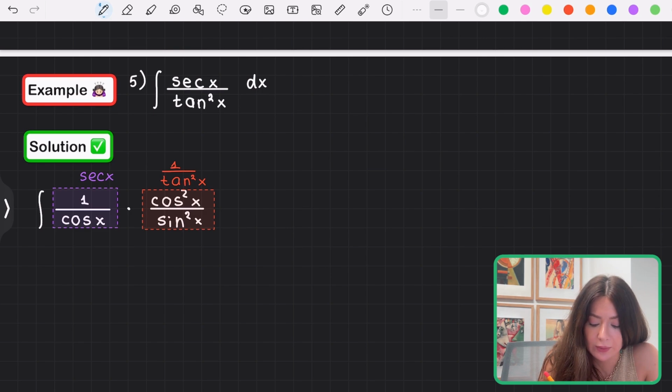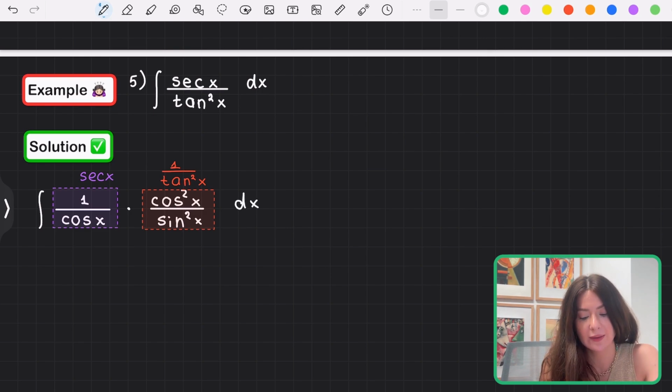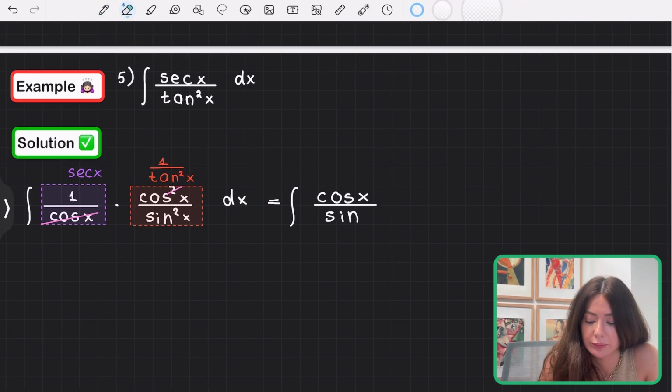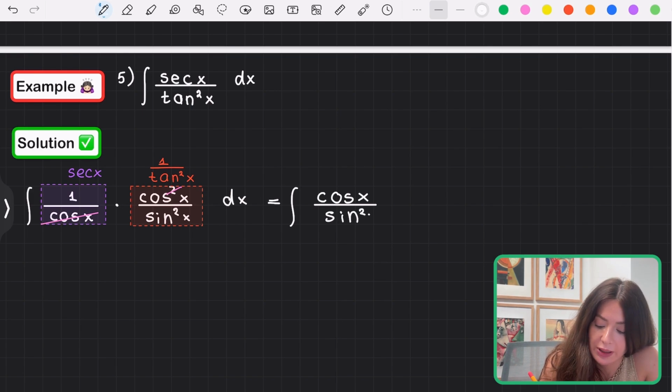Okay, now let's see what happens. We have cosine squared here, and then cosine x there. They cancel. So let me rewrite what I have left here. And sine squared x dx in the denominator.